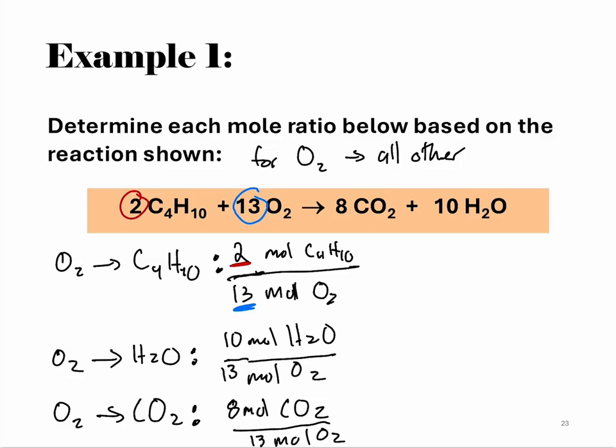Vanessa? So essentially, the easiest way to look at it is just looking at the coefficients, and that just tells you the ratio. That's exactly right. The coefficients, the same way the subscripts tell you the ratio for the problems we did before, the coefficients here are going to tell you the ratios for the chemical reaction. In these problems, because I'm explicitly asking, it makes a little bit more sense.